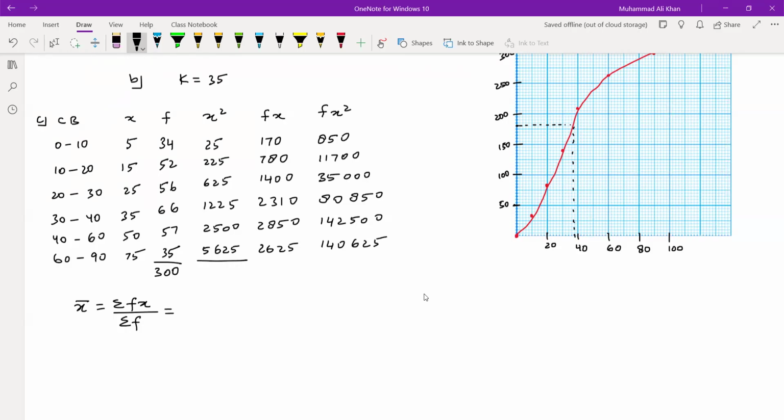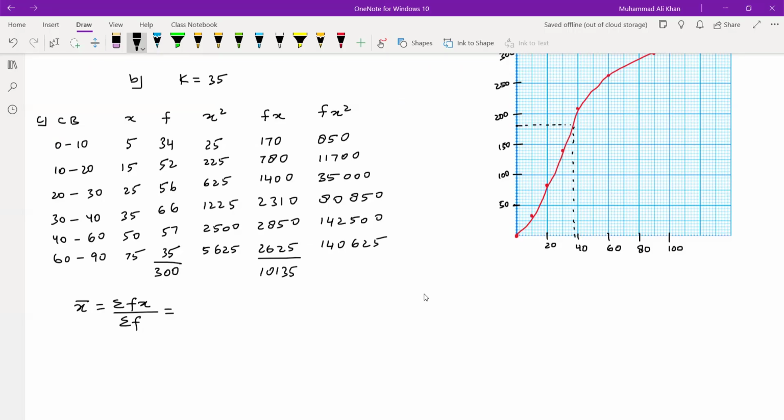Now sum of fx. So it will be 2625 plus 2850 plus 2310 plus 1400 plus 780 plus 170.